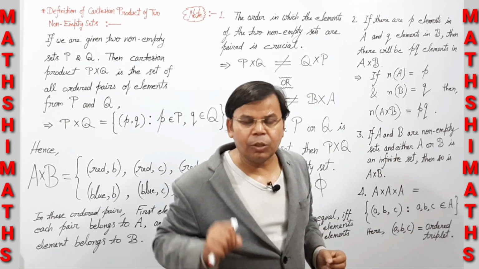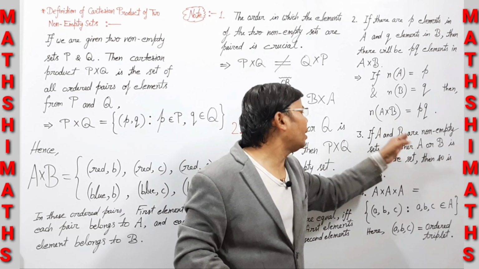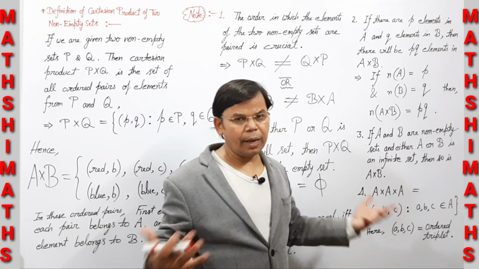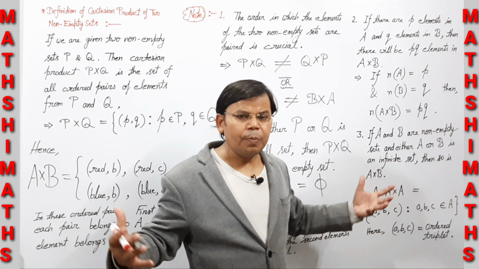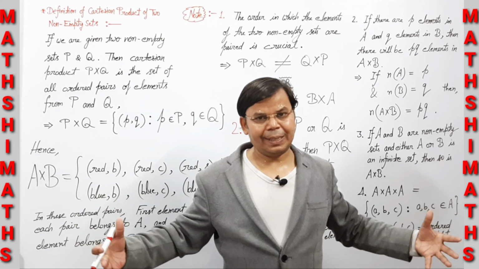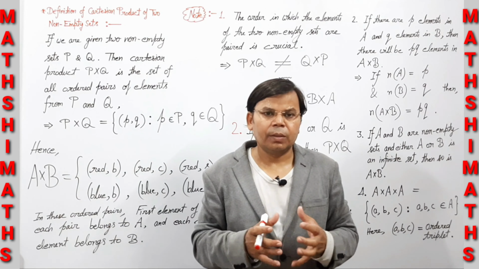Now the third point is, if set A and set B are non-empty sets and either A or B is an infinite set, then so is A cross B. It means if you are finding the Cartesian product of two non-empty sets, but one of these two sets is infinite, then the number of ordered pairs in the Cartesian product of A and B will be infinite.